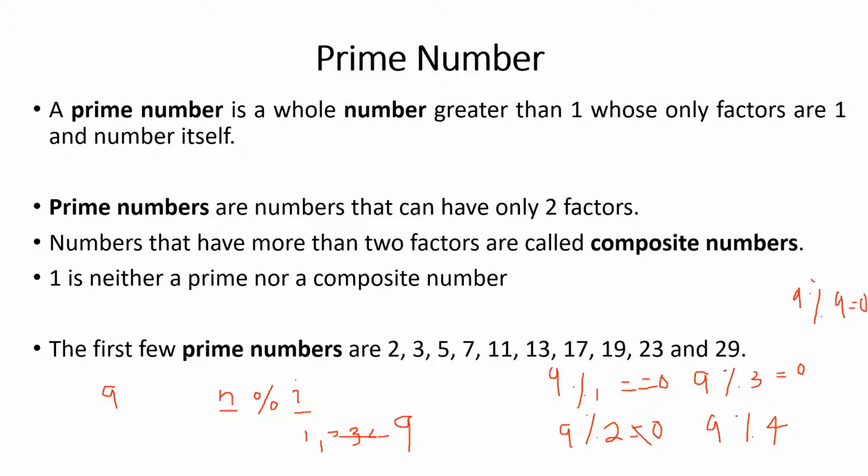So 3 cases: 9 mod 1, 9 mod 3 and 9 mod 9 give remainder 0. Understood? So whatever number we enter, we will divide and check with all the numbers starting from 1 up to that number. And if the number of factors is more than 2, then it is not a prime number.